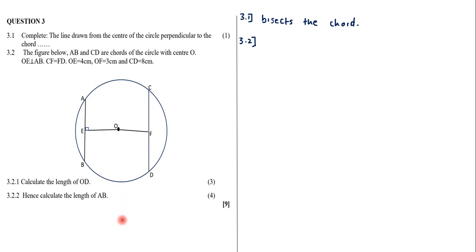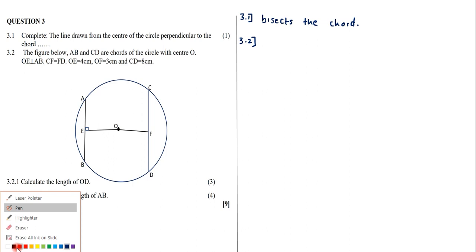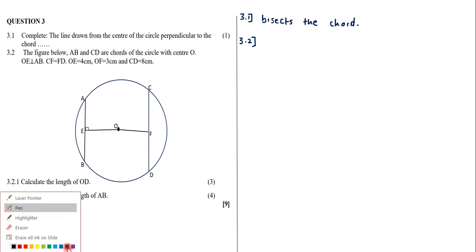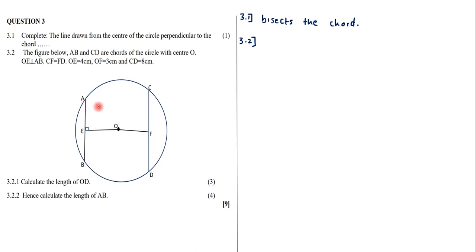Now when it comes to Euclidean geometry, what is the very first important thing that you're supposed to do? The very first important thing is to make sure that you take note of what you are given. So here we are given, number 1, OE is perpendicular to AB.